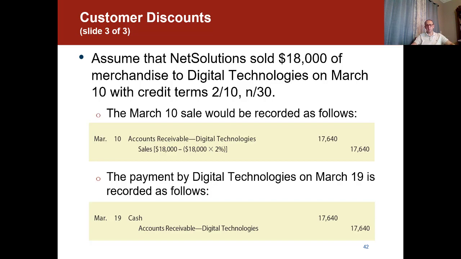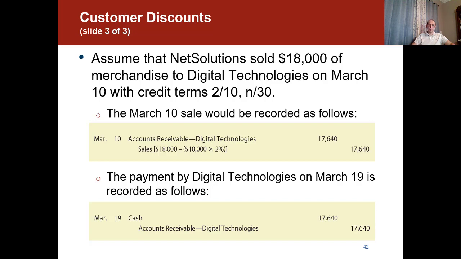Again, we do the same traditional journal entry that we've just done, where we debit accounts receivable and credit sales, and this is based on the selling price. However, we're going to subtract 2% of the 18,000, and that would be 17,640. So we took the 18,000 minus 18,000 multiplied by 2%, and that was 17,640. Another way that I can do this is take the 18,000 multiplied by 98%, which will give us the same value.